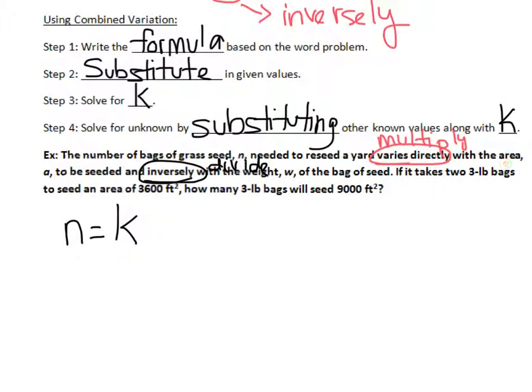And we're multiplying it by the area, which is A. Then we ran into the word inverse, which means we're going to divide, and we're dividing by the weight, which is W. So now we're going to start using the information to find k. It says that we have 2 bags, so that's N. K is going to be our unknown.